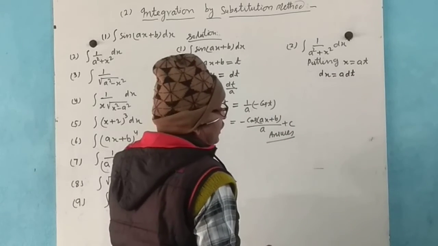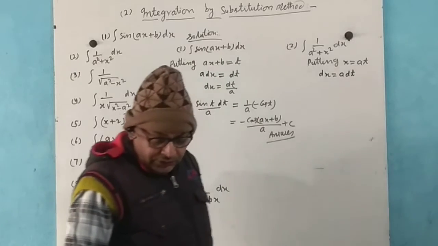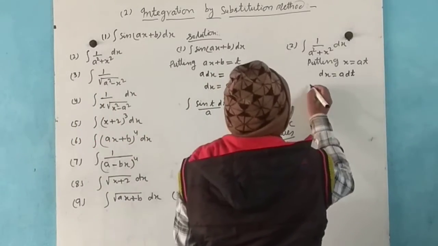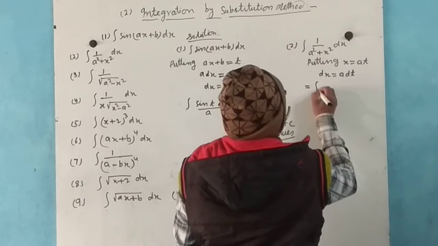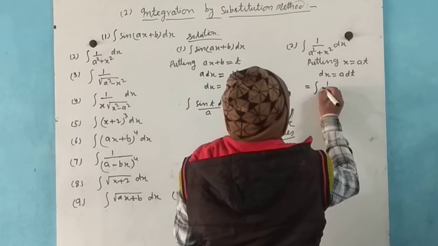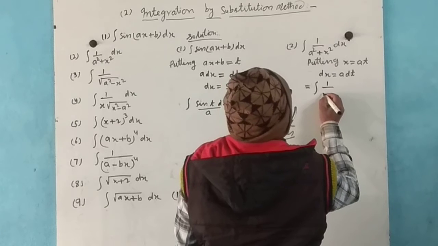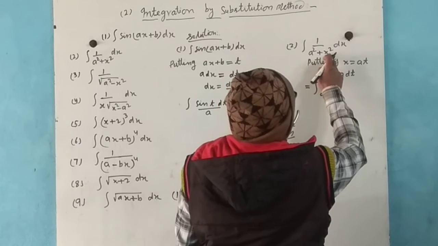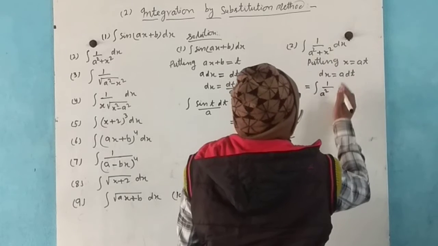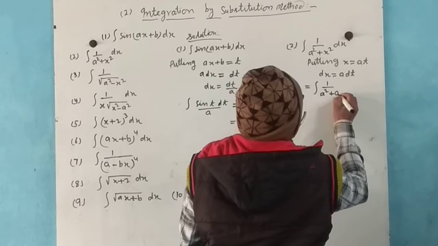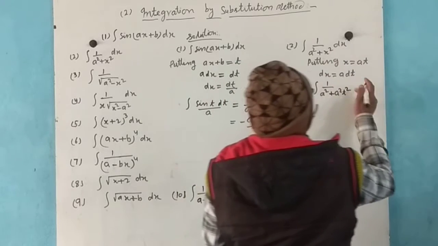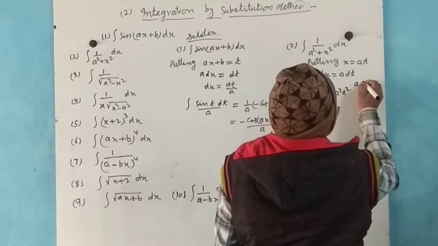Now putting in, the integration of 1 by a square plus a square t square, and dx equal to a dt.